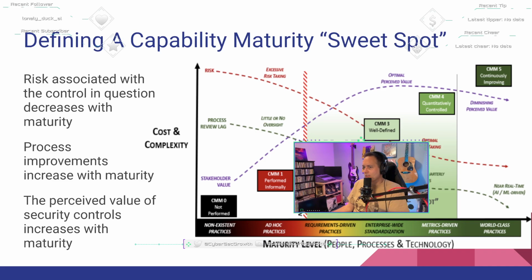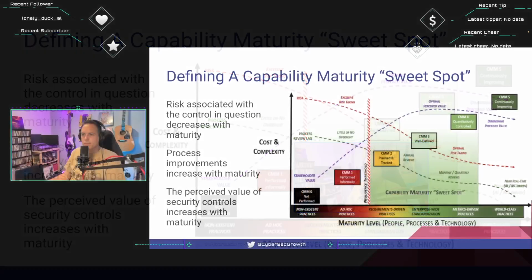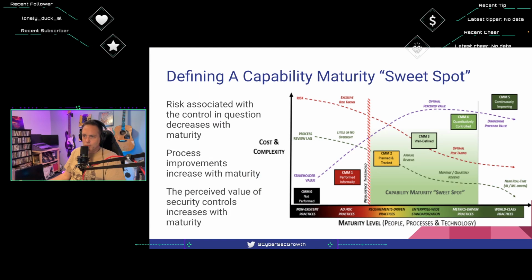Let's talk about process review lag considerations. Process improvements increase with maturity based on shorter review cycles and increased process oversight. What might have been an annual review cycle to evaluate and tweak a process can be near real time with AI or ML. Okay. Interesting, I guess.